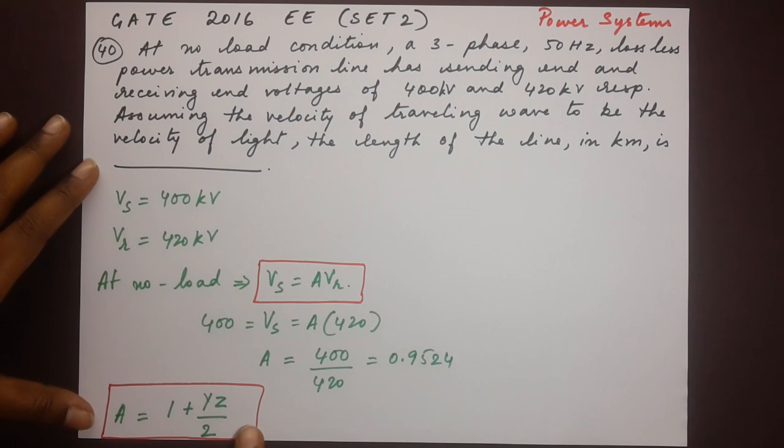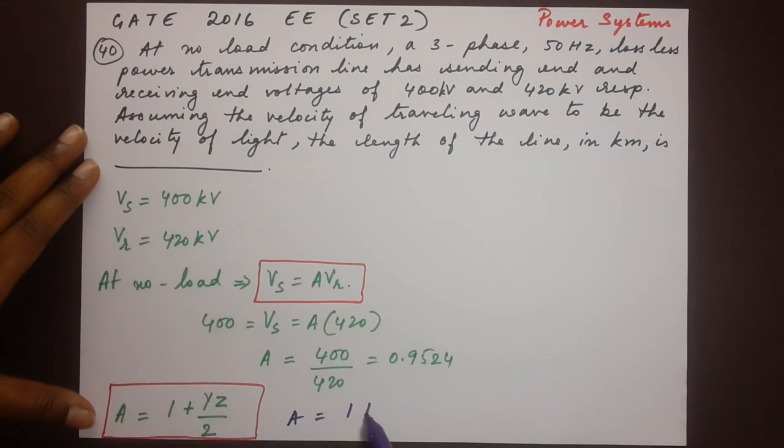Right. Now the next step is to expand this. Let's expand this in terms of inductance and capacitance. So A would be equal to 1 plus, now the admittance times impedance can be written as R plus j omega L into G plus j omega C divided by 2.